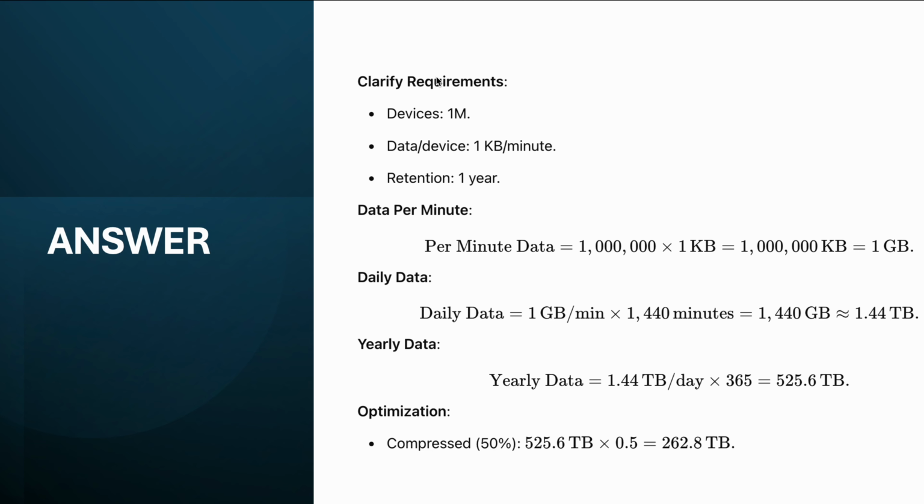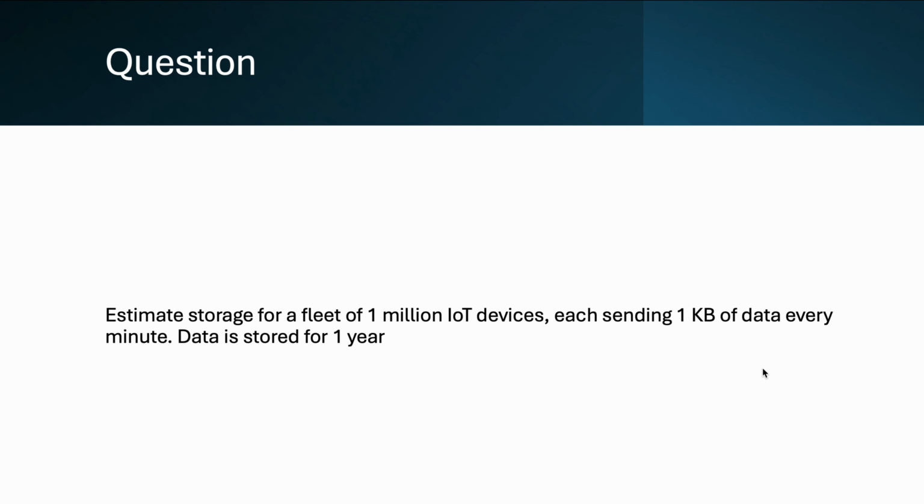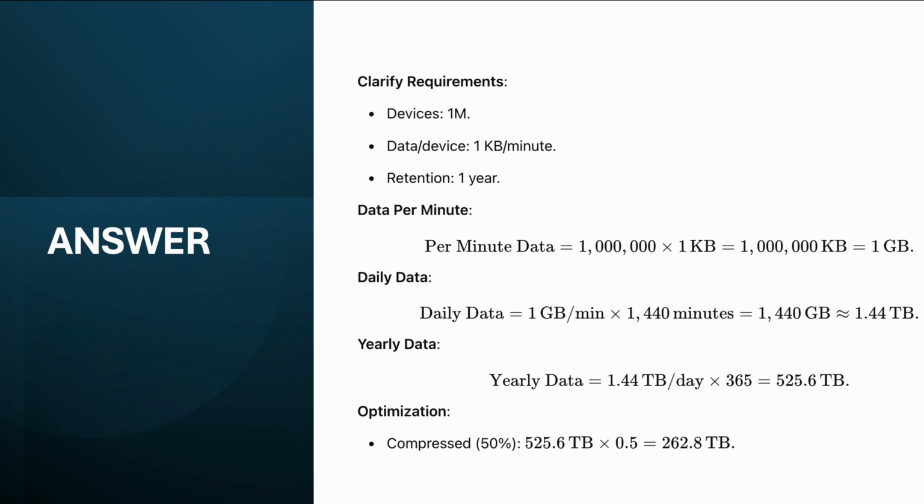So now if you look at this question again, data every minute. The atomic unit we are trying to cover is not day, it's minute. So we'll say per minute data for 1 million devices. 1 million is 10 to the power 6, when it is billion, it is 9, when it is trillion, it is plus 3 and things like that.